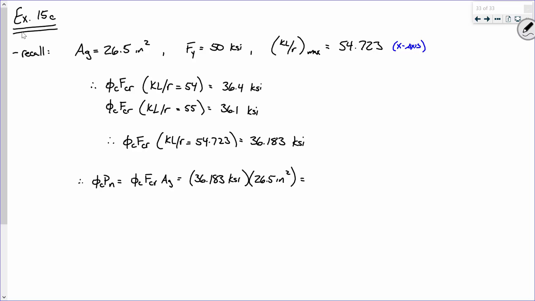No, I didn't. The phi is built into this value here, so don't add it on top, or your answer is off. So what do we get here? So we'll say phi PN is about 958.9, about like that.